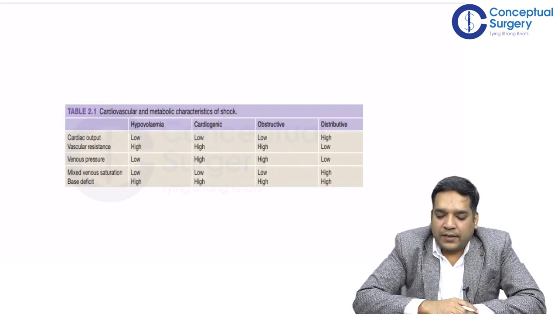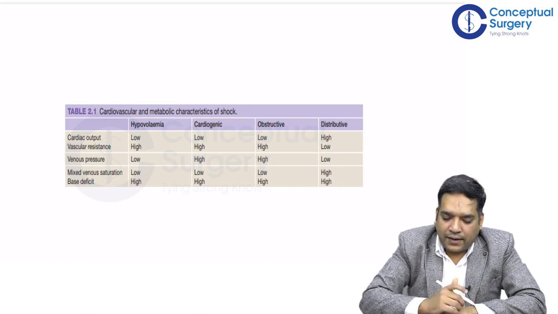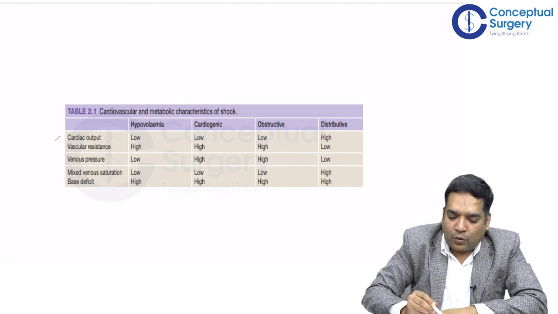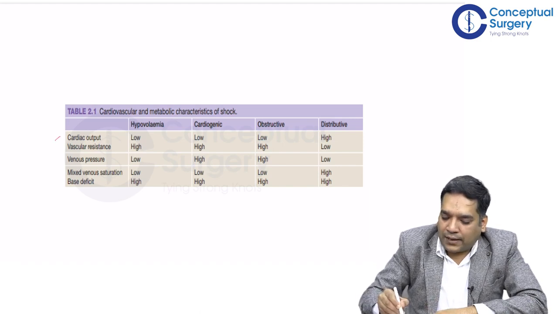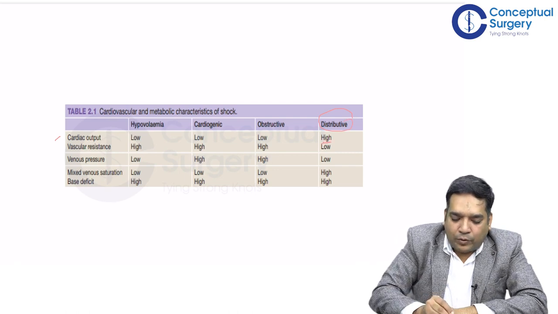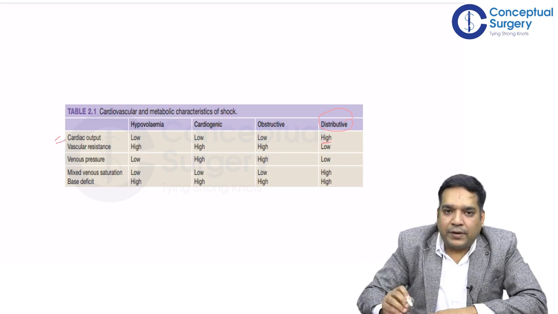So here guys we are seeing a table which I have taken from Bailey. Here we can see certain cardiovascular and metabolic characteristics of different types of shock. It is seen that cardiac output is low in all types of shock except distributive shock. It is high, right? Just remember this, cardiac output is high in distributive shock.